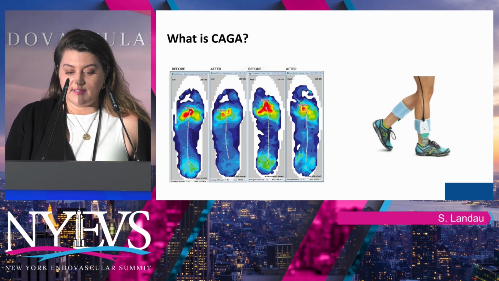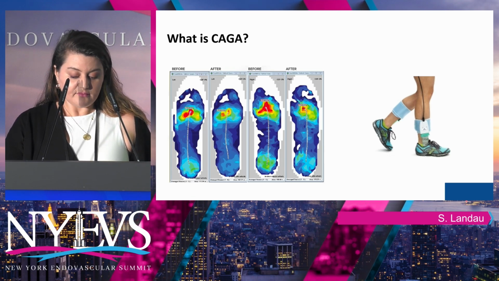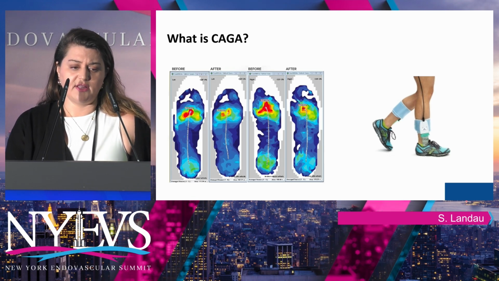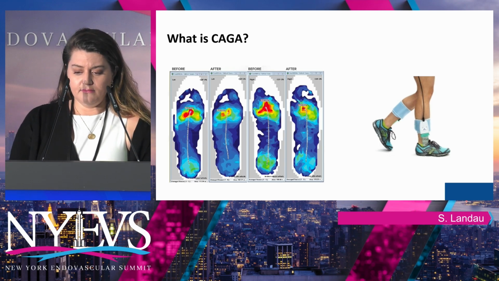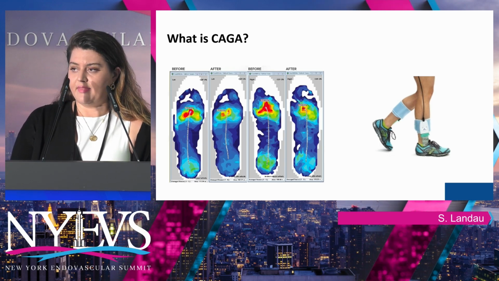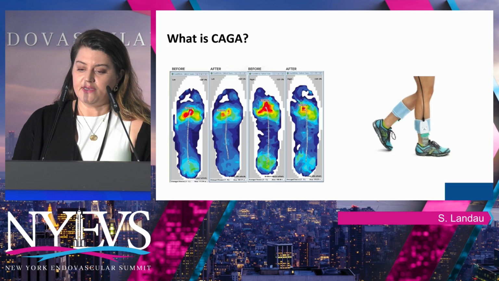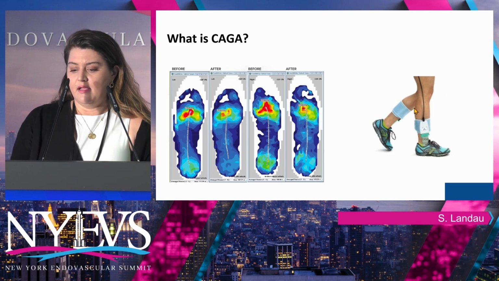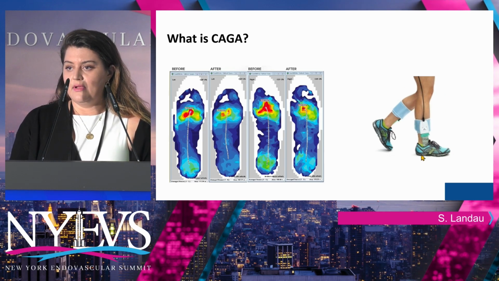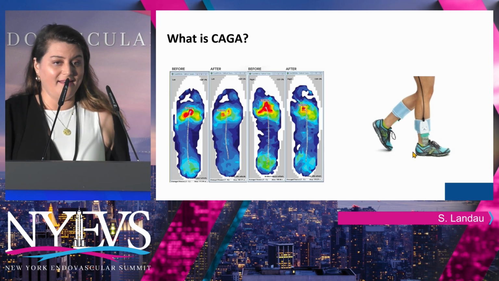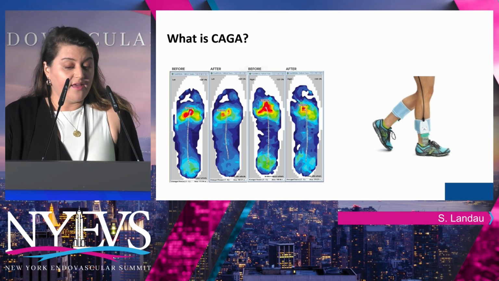So Dr. D'Amico just touched on this a little bit: CAGA, or computer-assisted gait analysis for short. I really like the one that we use at the school. We use an in-shoe pressure system like this, where the sensor goes into the shoe. I really, really like this one, and I've seen the other ones.